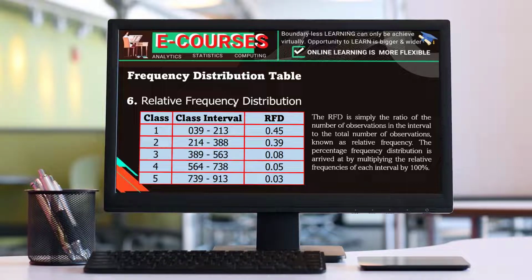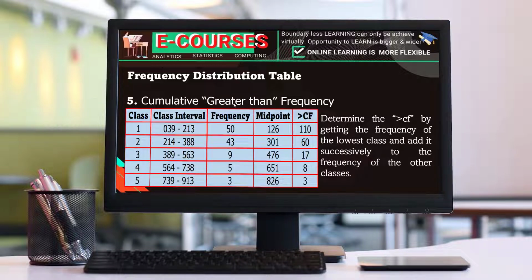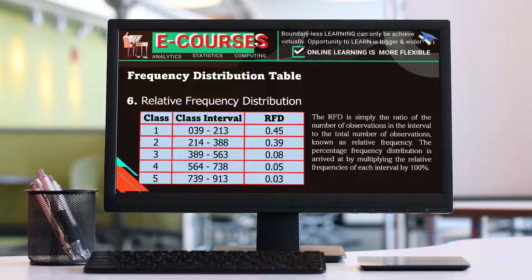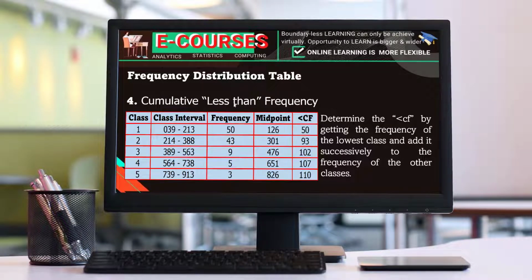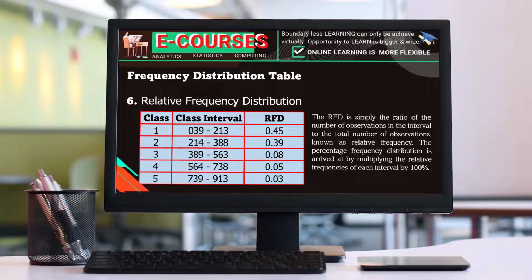To calculate the relative frequency distribution, we get 50 divided by 110, which gives 0.45. 43 divided by 110 gives 0.39, and so on and so forth.